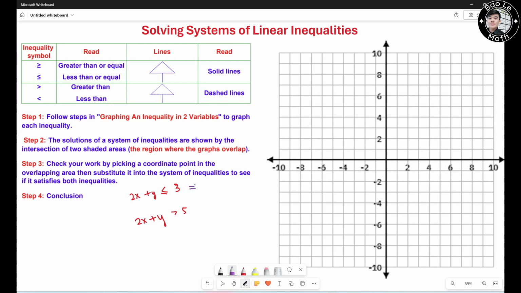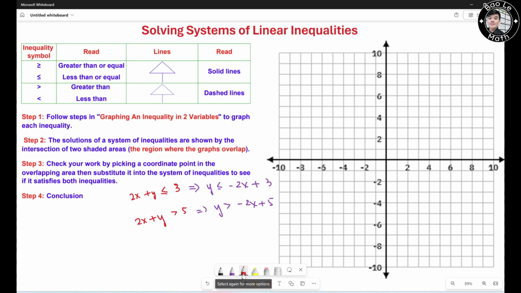So this guy is going to be y less than or equal to negative 2x plus 3, right? You just subtract 2x from both sides. And the second one right here, you subtract 2x from both sides, so you have what? Y greater than negative 2x plus 5, right?